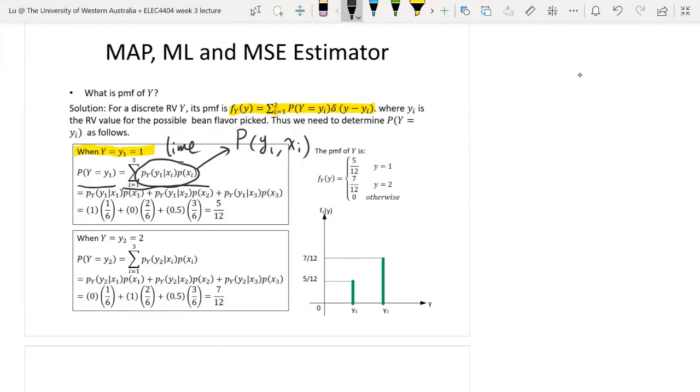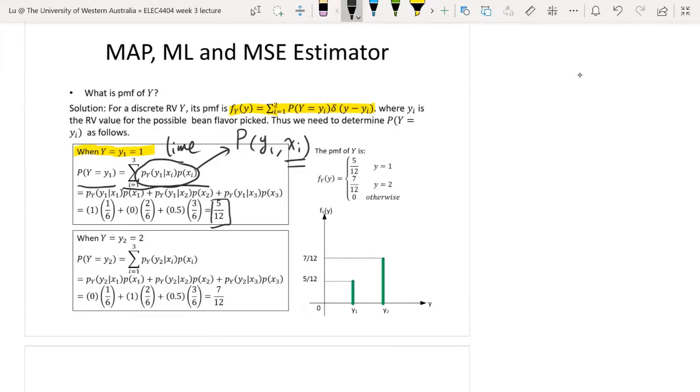And then the summation sign goes through all the possible values of the Xi. That means we examine all three possible Tic Tac boxes and sum up all the probabilities together. Okay, the final result is 5/12. This is the total probability we pick up a lime flavor bean from the bag.